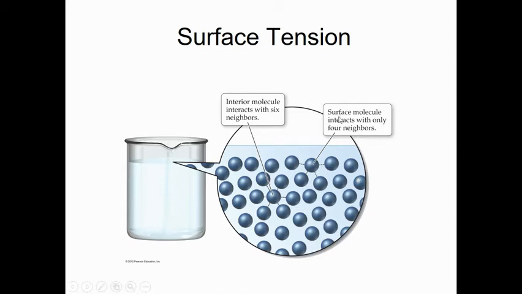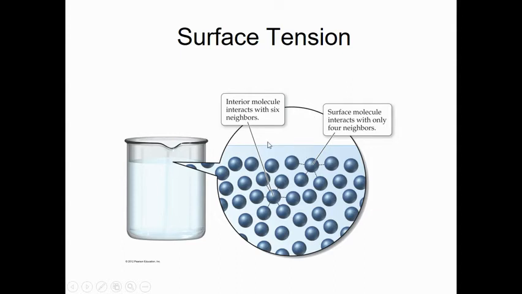So let's say some of your molecules are inside, in what's called the bulk of your solution. They have many places where they can interact. They can interact with all the molecules around them, as they're surrounded by them, as opposed to the ones on the surface. The ones on the surface can only interact with the ones directly to the right and left of them and below. There are no water molecules to interact with above.